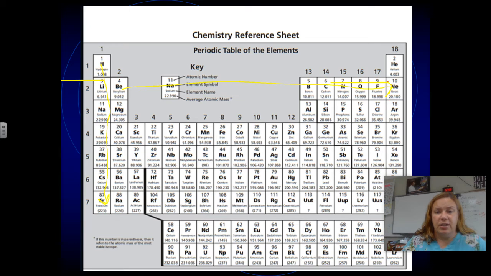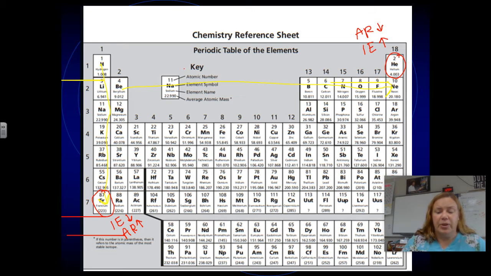The ionization energy is very high as we move toward helium. As we move toward helium, the ionization energy increases and the atomic radius decreases. As we move toward the region of francium, the ionization energy decreases and the atomic radius increases. That's where the inverse relationship comes into play.